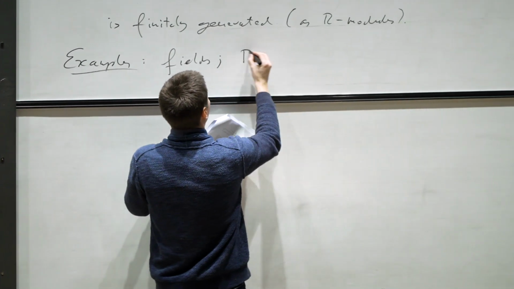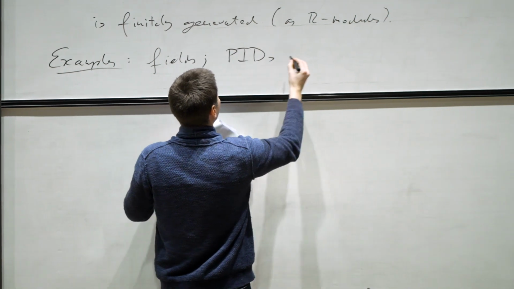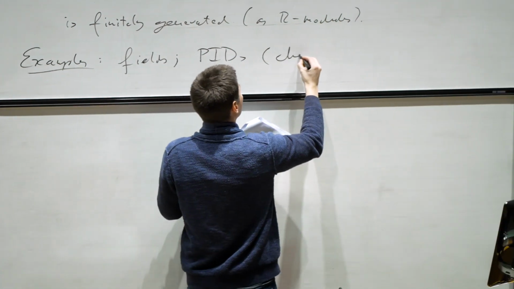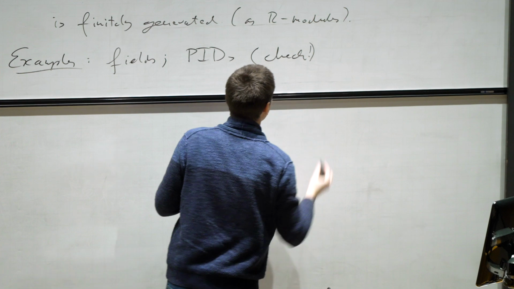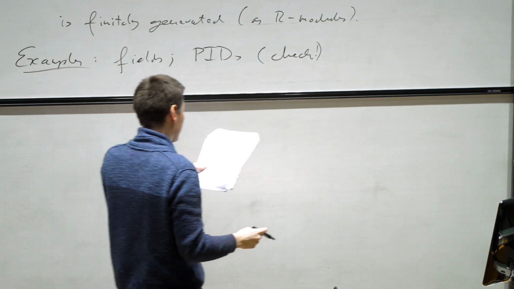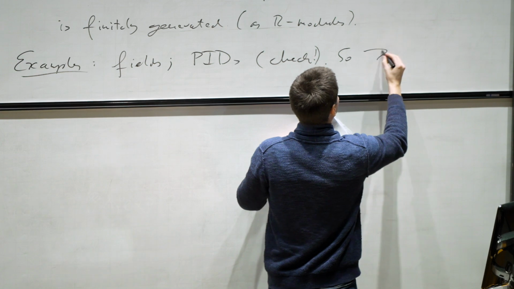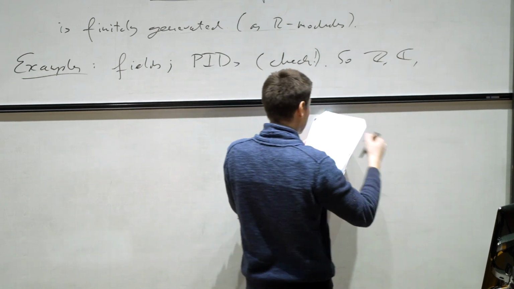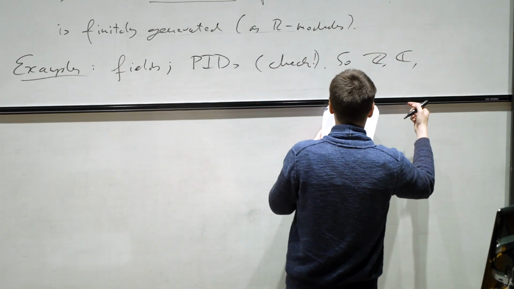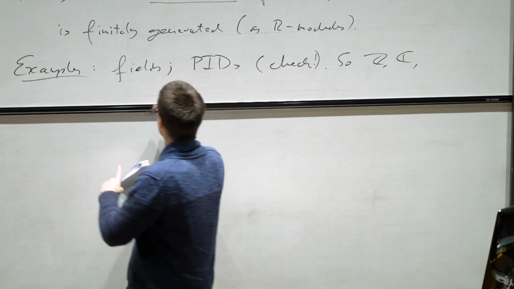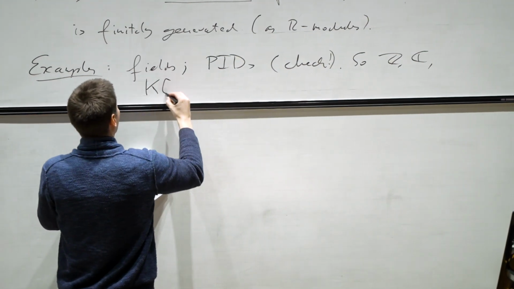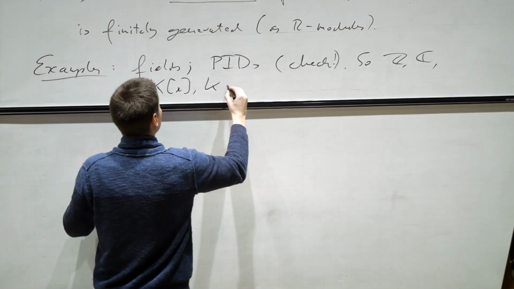More interestingly, all principal ideal domains. This is something that you should check. It's not hard. In particular, we have Z, we have the complex numbers, and we have all rings of the form K[x], where K is a field.